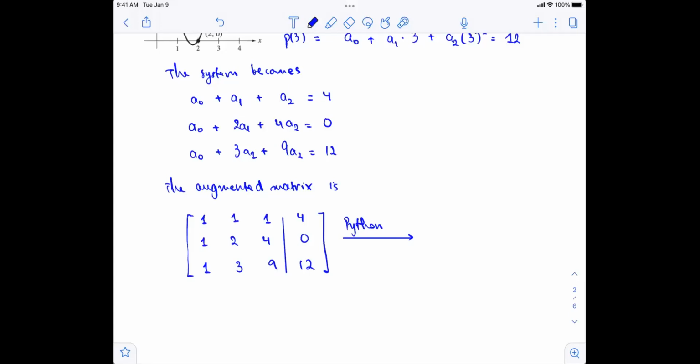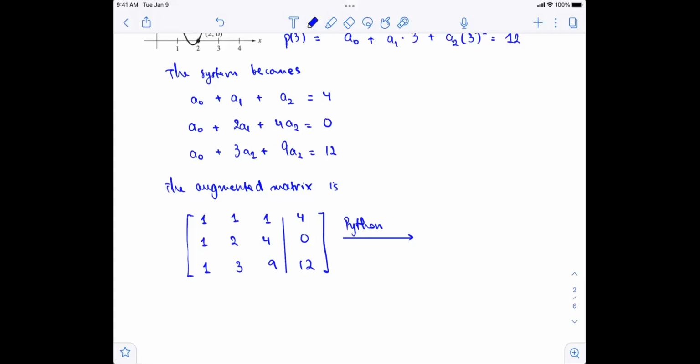Now you want to create a matrix, right? In our example, this is the matrix of 3 rows and 4 columns. So create a 3 by 4 matrix, and I call this matrix A. This is an array. The first row consists of the entries 1, 1, 1, 4.